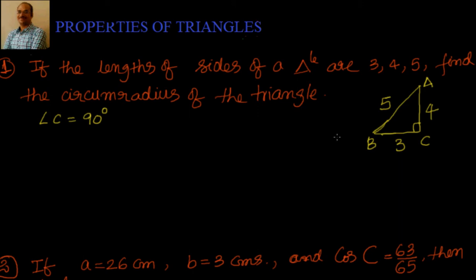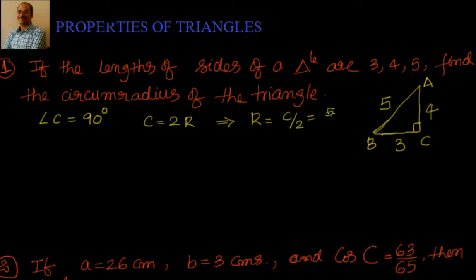You remember, when we went through the law of sines, we said if one angle is equal to 90 degrees, then that side will become nothing but equal to 2 times the circumradius. So C is equal to 2R, that we know, which implies R equals C by 2.